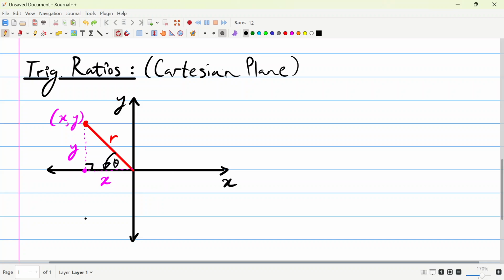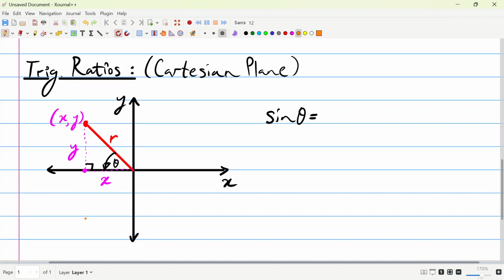Okay, but for this one, we just form theta for the right angle triangle, if you remember from our trig ratios. And now we need to find out what the ratios of sine, cos, and tan are going to be. So here, let's deal with sine. So sine of angle theta is going to be equal to what?